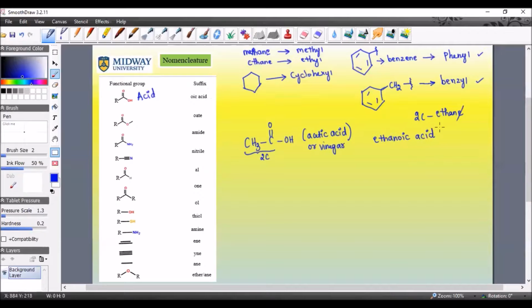So ethanoic acid is the IUPAC name. IUPAC is the International Union of Pure and Applied Chemistry. They have put forth some rules. So this is the technical name, and this is the common name: acetic acid or vinegar, or ethanoic acid. Very good.